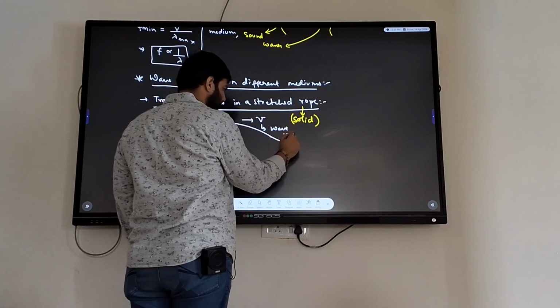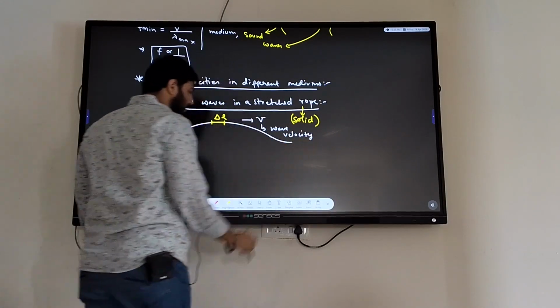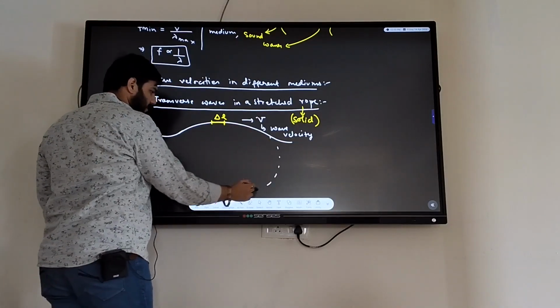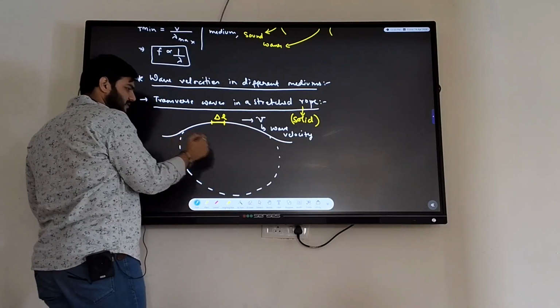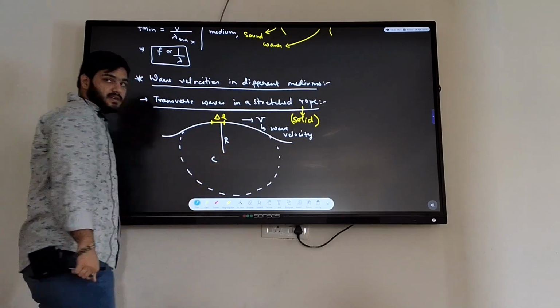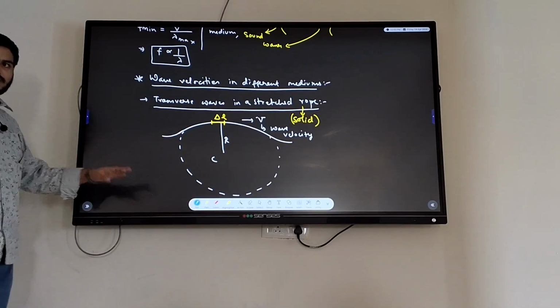If you consider this, it can be completed to a circle now, with some center O and some radius R. It will all make sense in a moment.